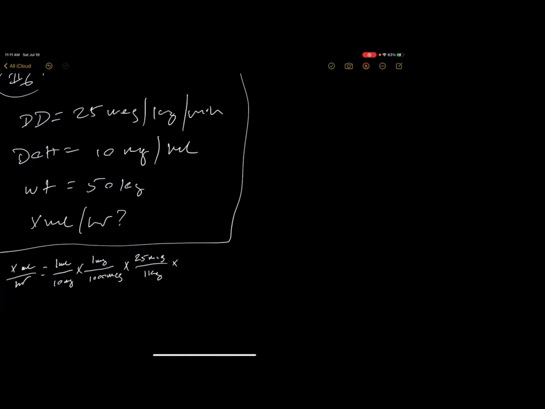What in our box can we use to cancel it out? 50 kilograms on the top, over 1 minute, times 60 minutes on top because we want to make it an hour, right? Times 1 hour. So we look at everything cancels out. Milligrams cancel out. Micrograms cancel out. Kilograms cancel out. Minute cancels out. We're left with hour and mL.